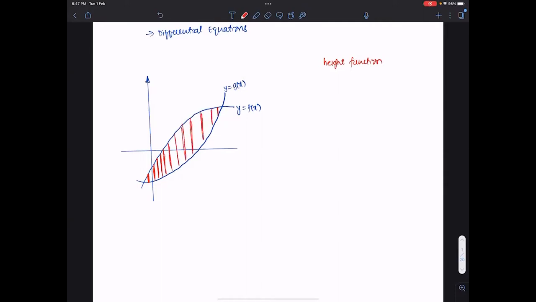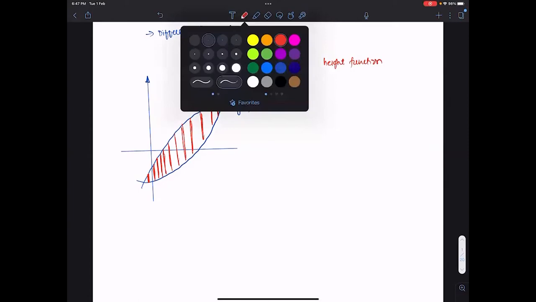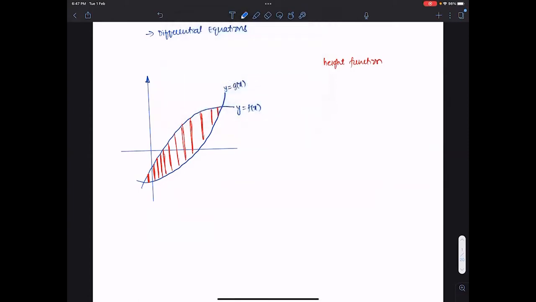So how will you define the height of this rectangle? Since we are taking strips in the x direction, the width of each rectangle will be dx.